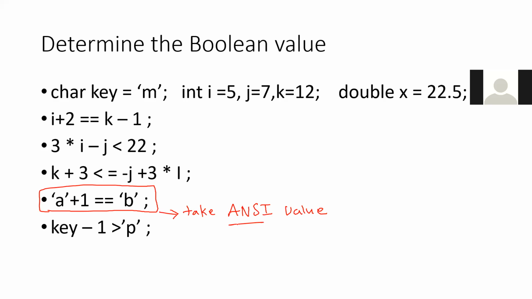So what does it mean, ANSI value? I think it stands for American number, something like that. ANSI value means that, for example, character A has a value. I forgot, is it 97 or 95 or 165? I forgot the value. Try to check the value.